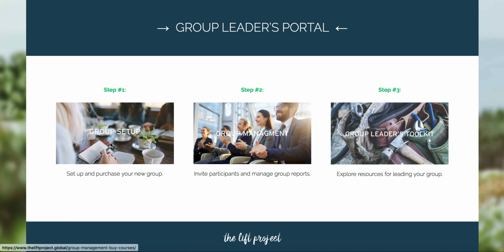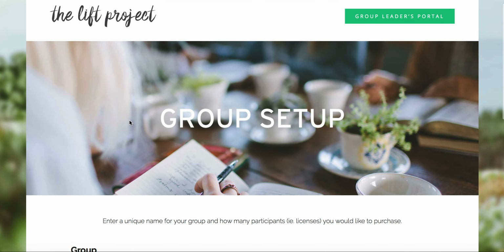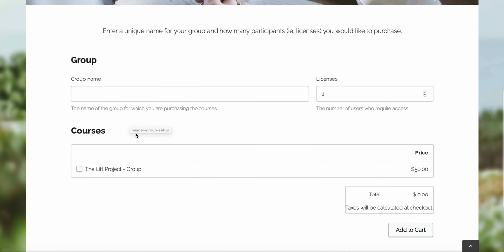So first of all, group setup. If you click on the link there, that will take you to the group setup page. And in here, it's very simple. All you do is enter a name for your group, make it a unique name, then how many licenses you would like, in other words, how many seats or participants are going to be in that group. There is, I might add, the ability to add to that later.